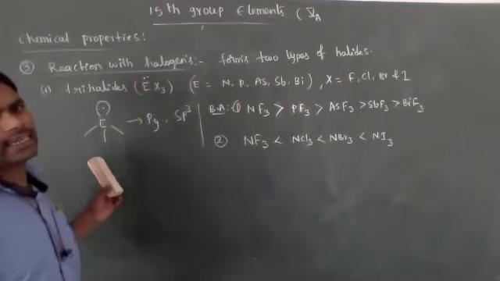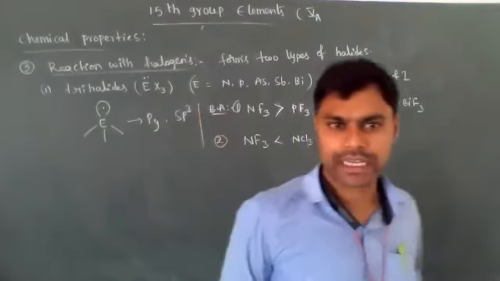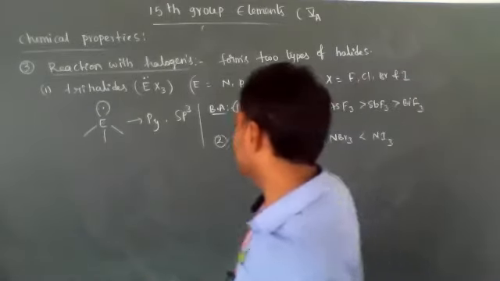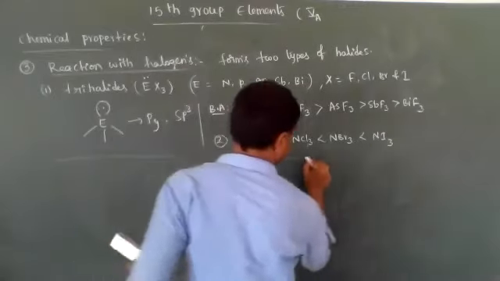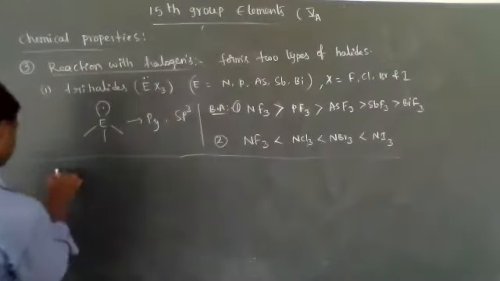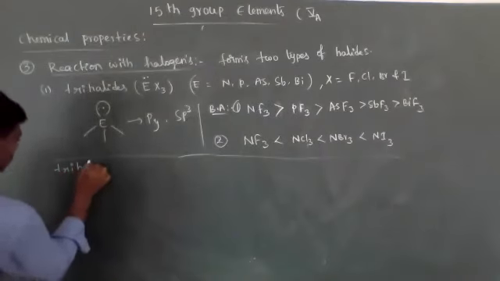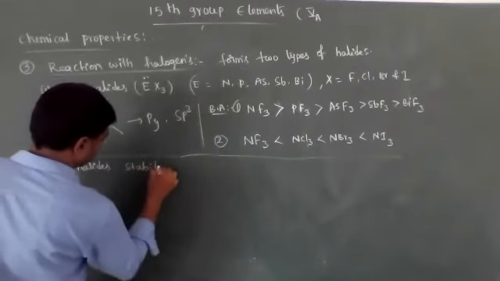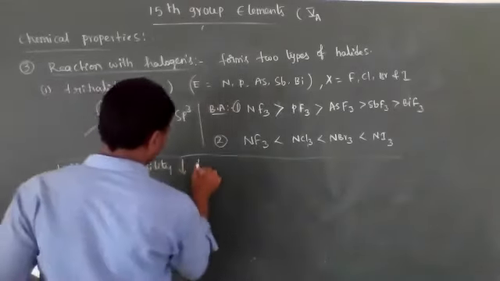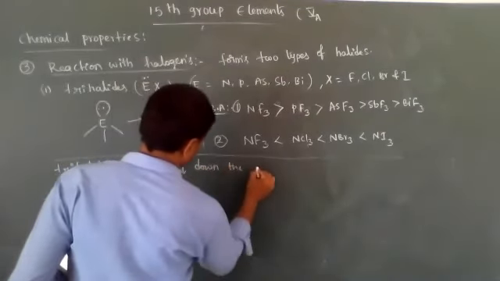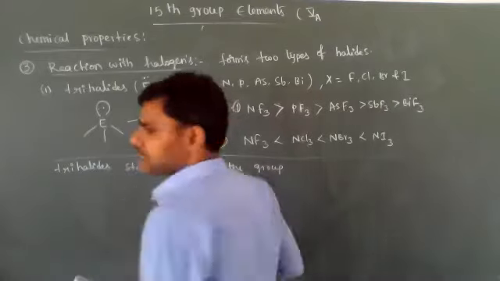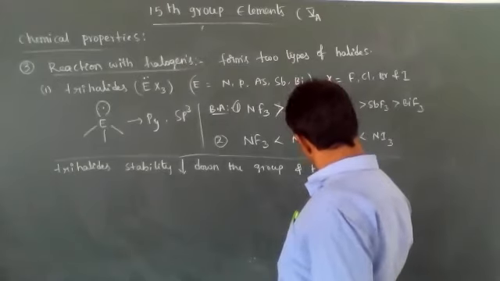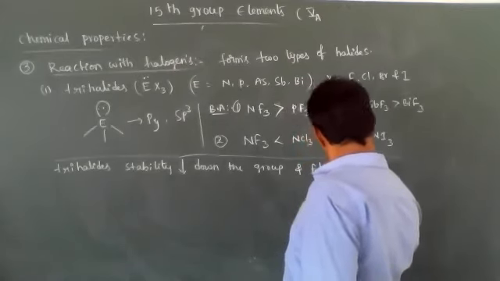Then the trihalides generally exist in pyramidal shape with sp3 hybridization, and they contain 3 bond pairs and 1 lone pair. Among the trihalides, stability decreases down the group, and fluorides are more stable.